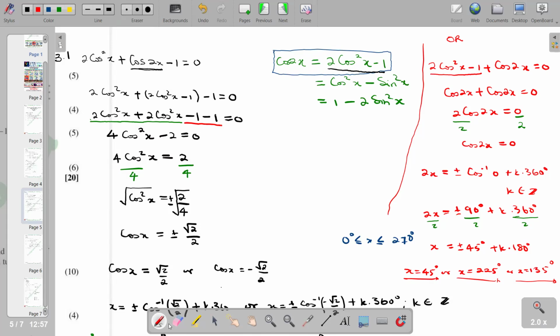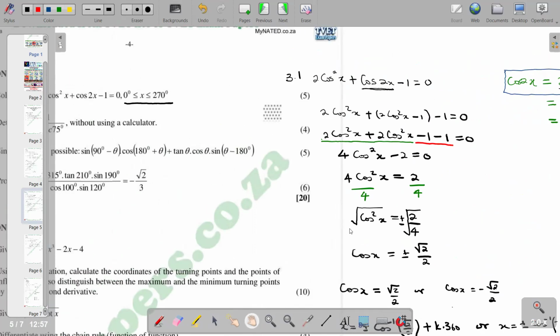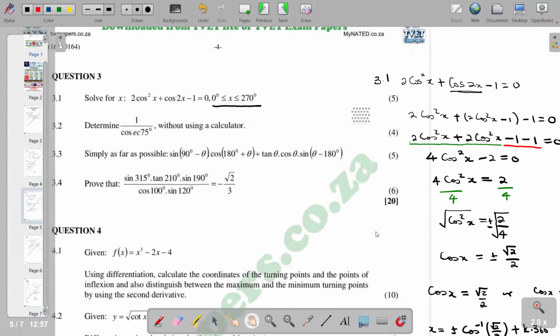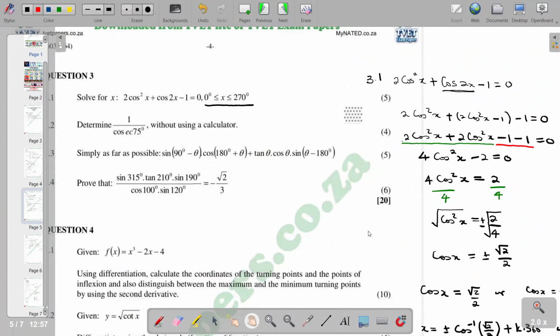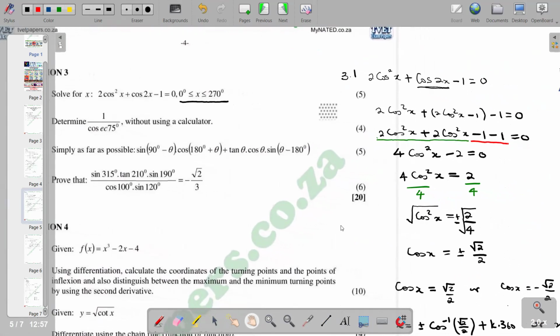Then let's go to the next question. 3.2 is saying determine 1 over cosec 75 degrees without using a calculator.